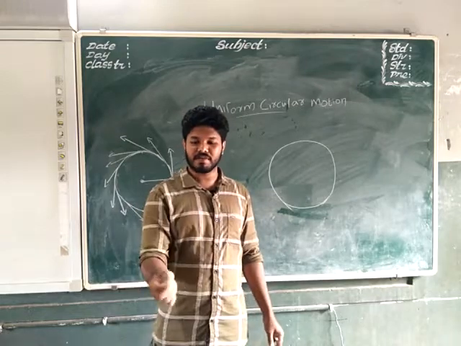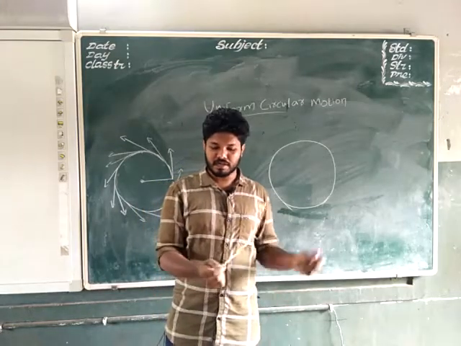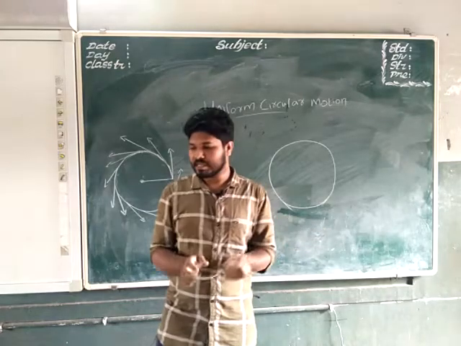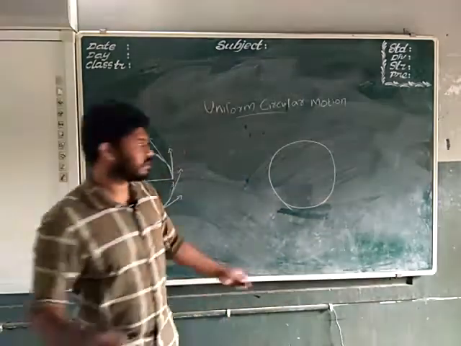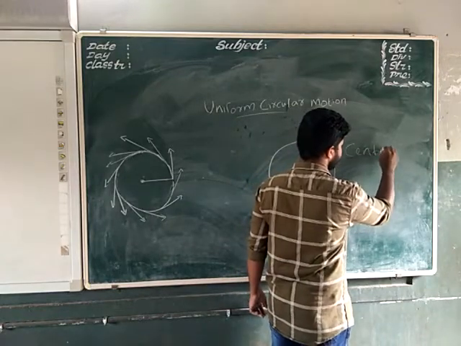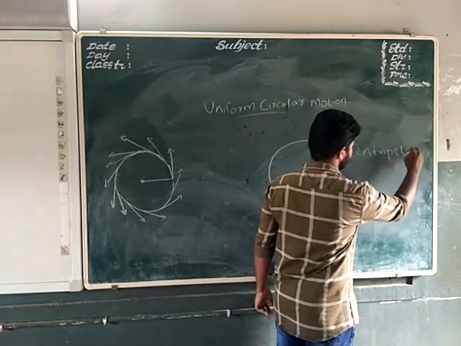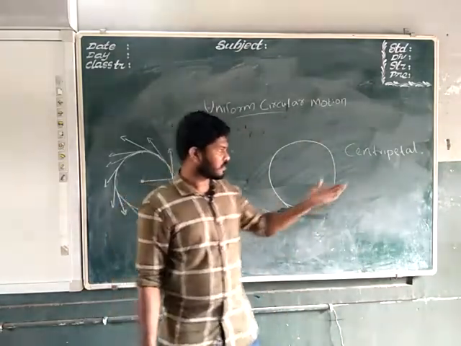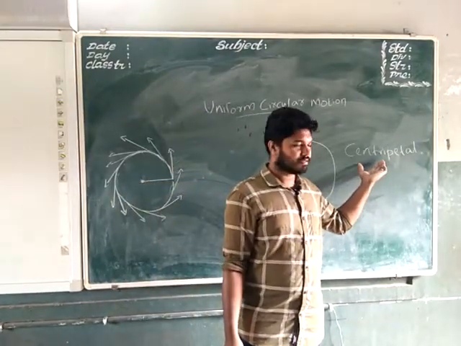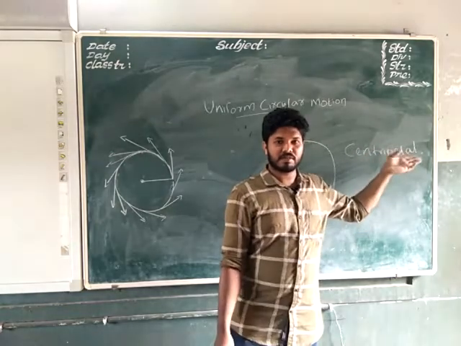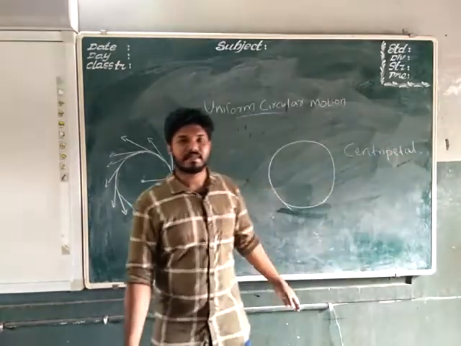So if we are giving an external force, this force is always pointed towards the center. This type of force which is always pointed towards the center is called centripetal force. Centripetal force, that is center seeking or center loving force.